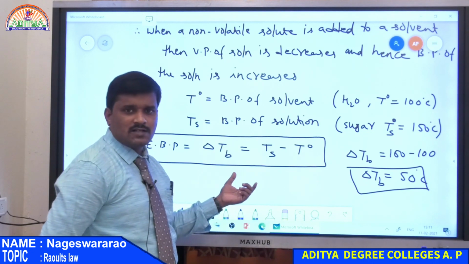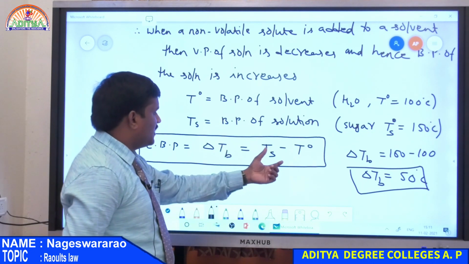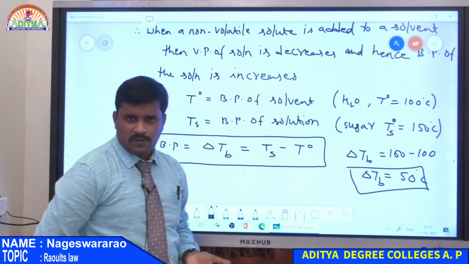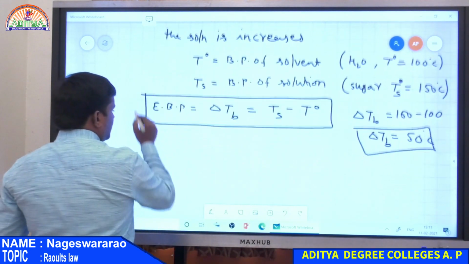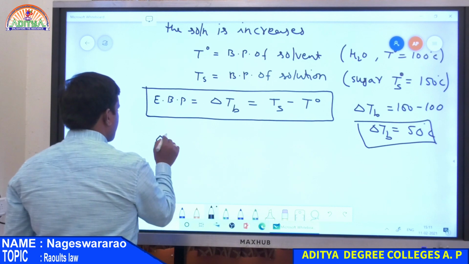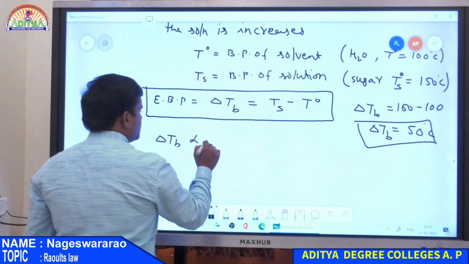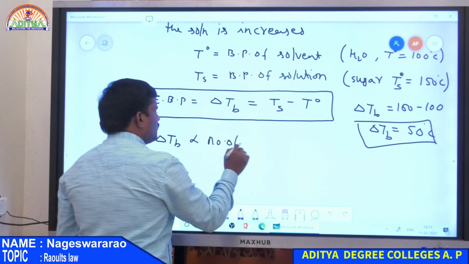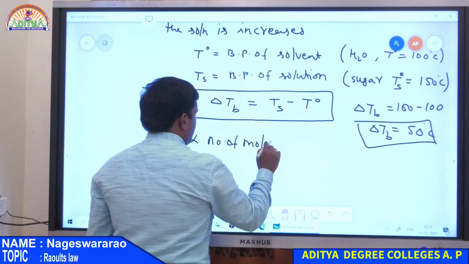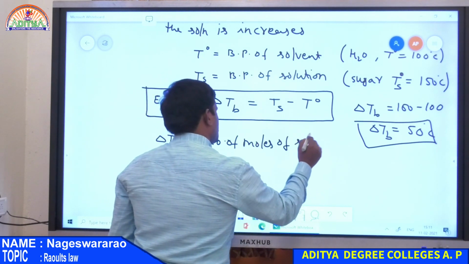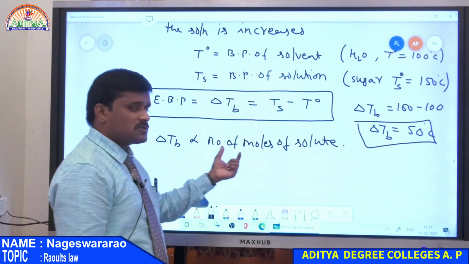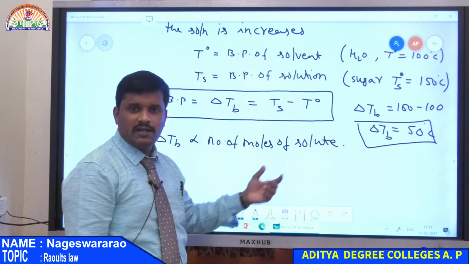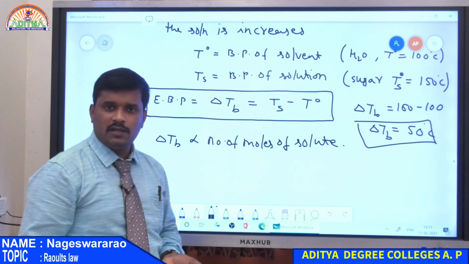So in our next class, we can conclude that this is a colligative property. That means we will show that delta TB is directly proportional to the number of moles of solute. If delta TB is directly proportional to the number of moles of solute, then it is a colligative property.